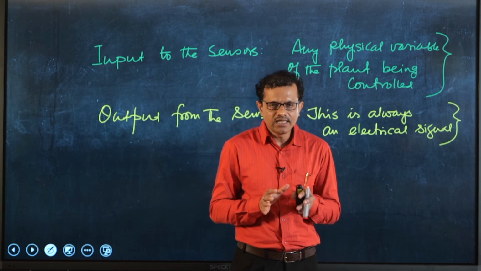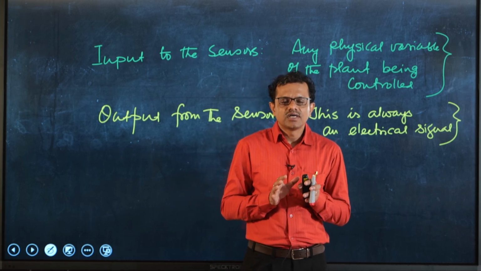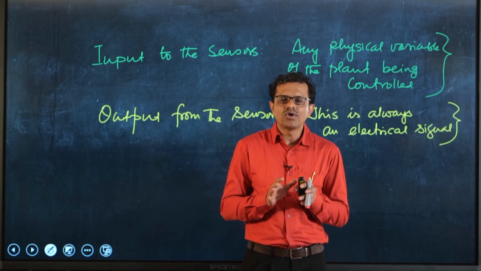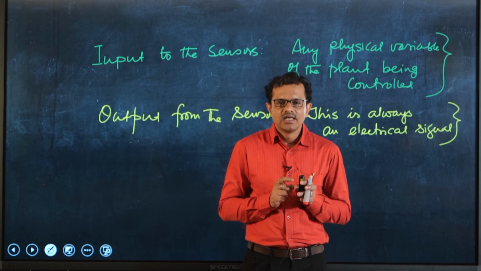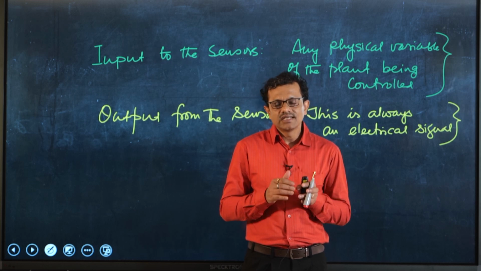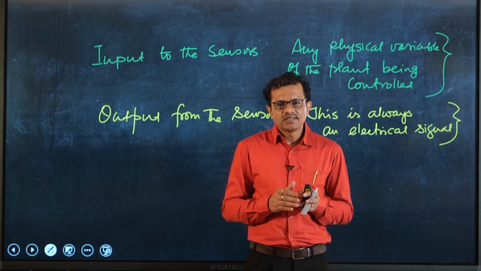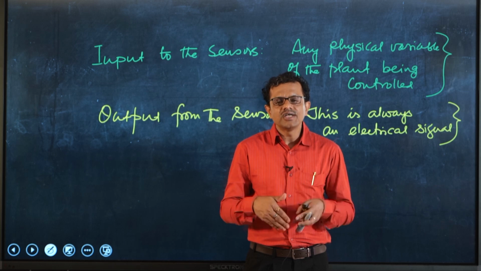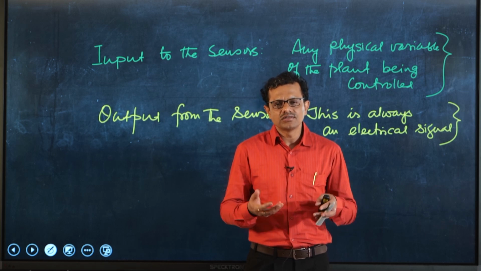So, ideally a sensor responds to only one physical quantity, but in real case sensors respond in some way to that physical quantity or stimulus.